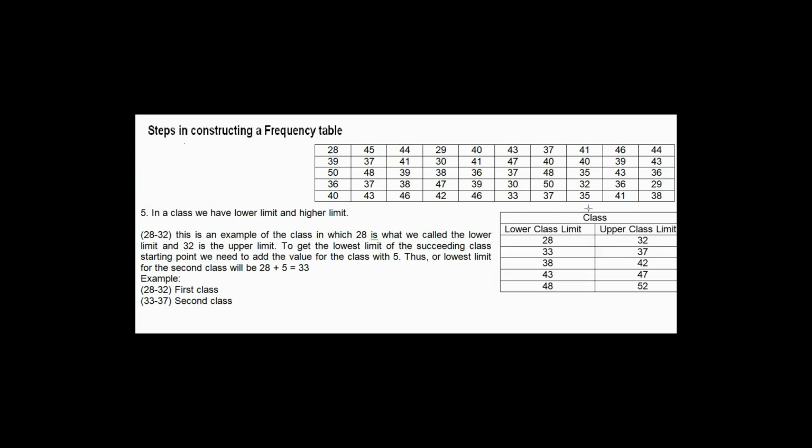So in this table, we have made the lower class limits, where the starting point is 28, followed by 33, 38, 43, and 48. We arrived at these values because we decided to use a class width of 5.